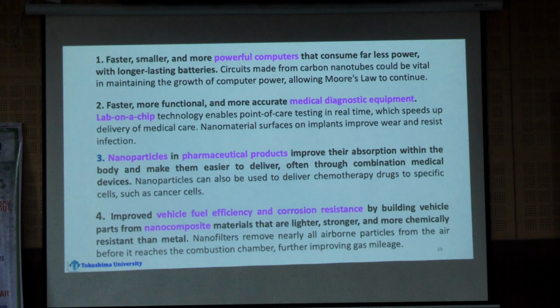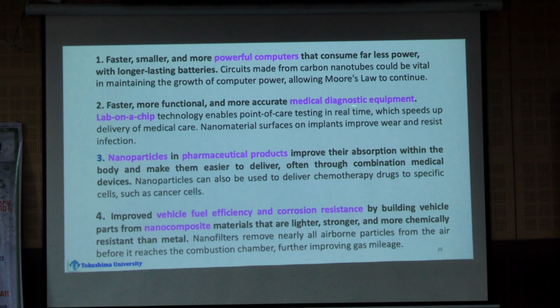Okay, size becomes smaller and smaller. So components that are used in PCs, notebooks, or even smartphones, their size is reducing because the circuit, which is made up of small nanoparticles, is responsible for reducing the size. So if you use small size particle material, then automatically the overall size of the computer will decrease.